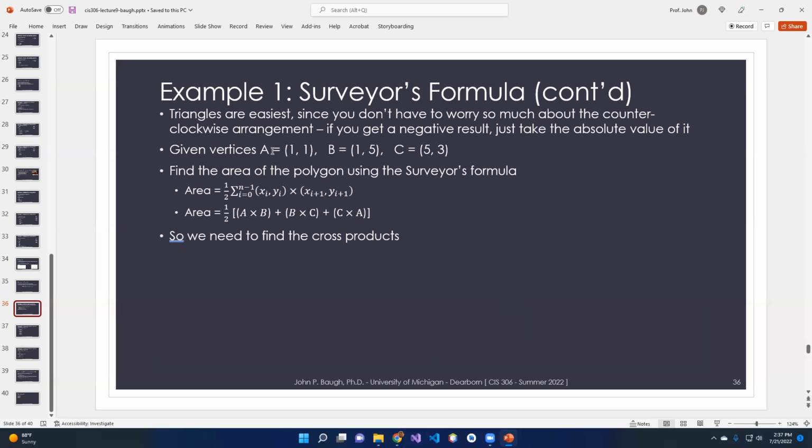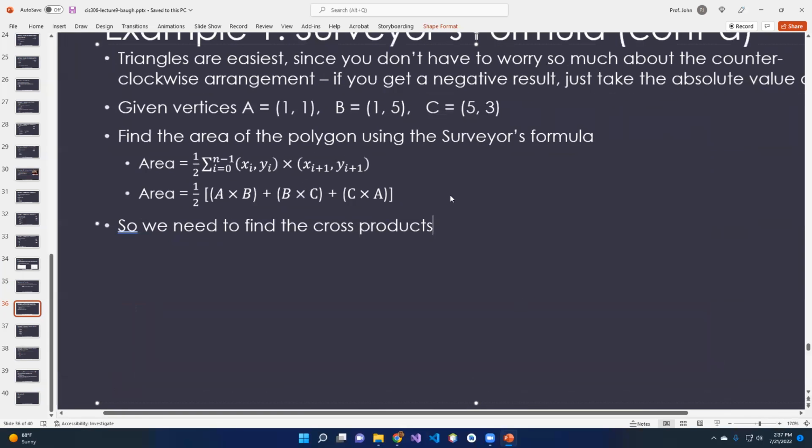Given these vertices, in this case you've got vertices (1, 1), (1, 5), and (5, 3). It's asking to find the area of that polygon, in this case the triangle, using the Surveyor's formula. So area equals 1/2. I'm going to zoom in just a little bit here because it's kind of small.